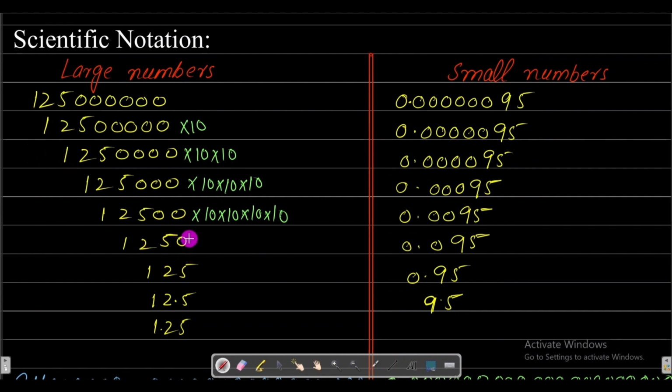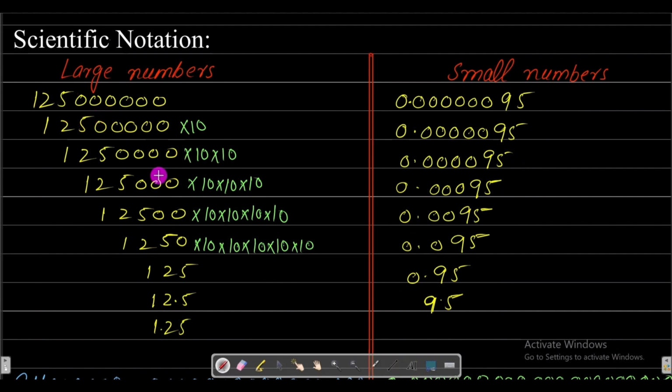And similarly, this is the division by 5 times of 10, so it will be multiplication by 5 times of 10 in order to maintain the magnitude of the original number. In this way, we are going to reduce the size of this original number.